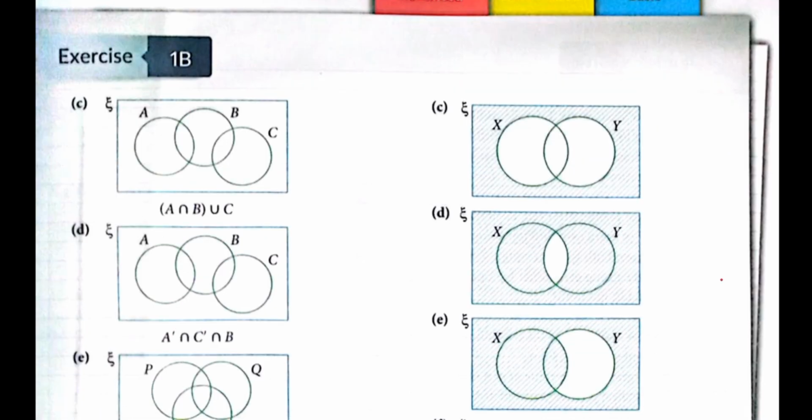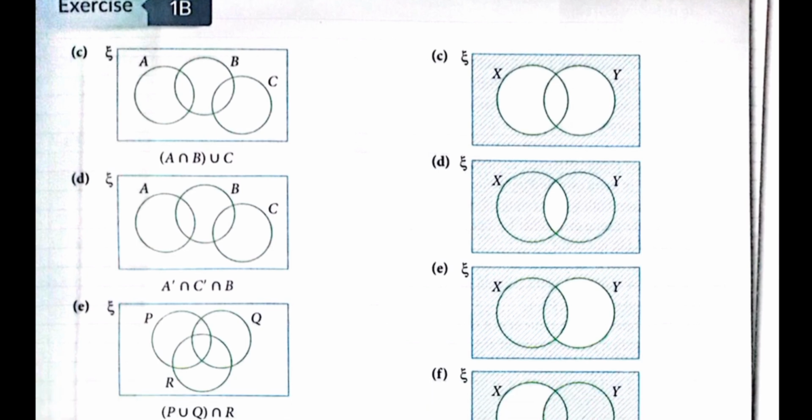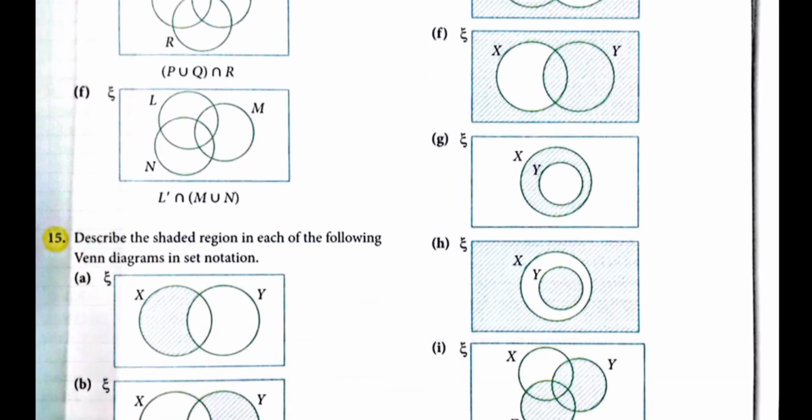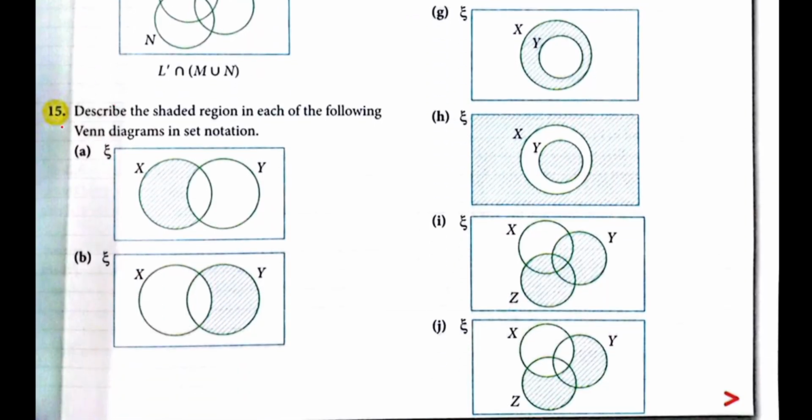Now we have some more advanced level questions. Question number 15. In this Venn diagram, you can see some portion or some area of the set X is shaded here.